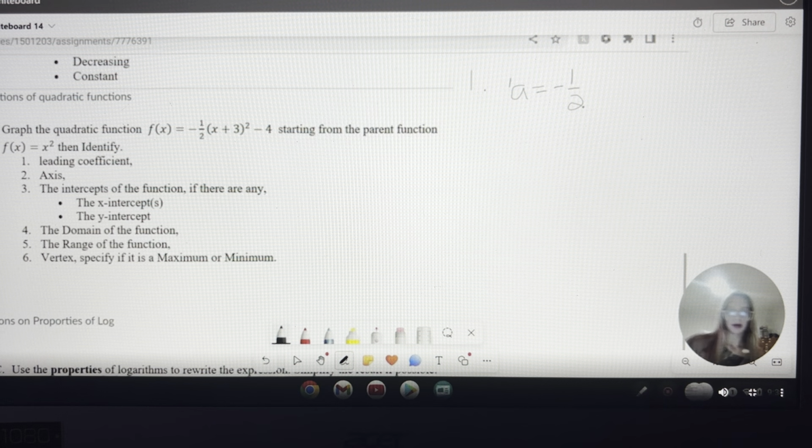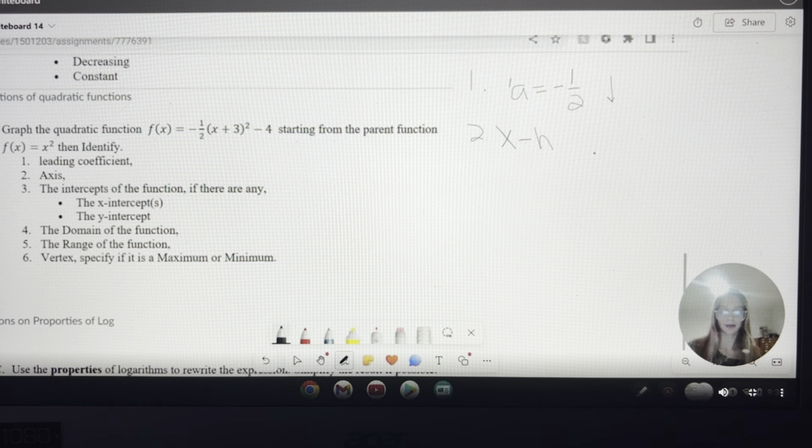And the parabola would open downward. The axis of symmetry: well, the formula uses x minus h.